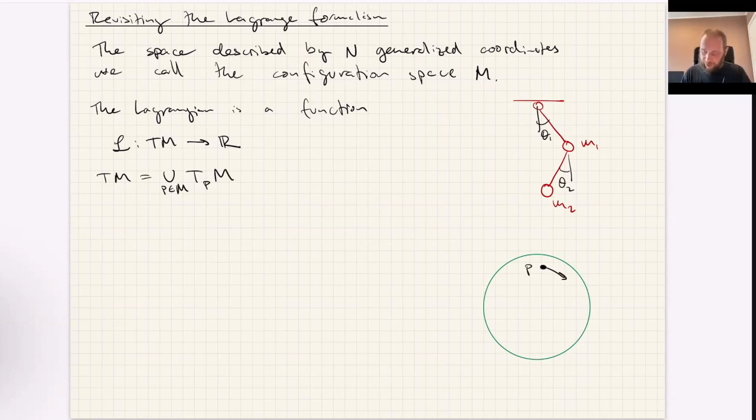But it could also be a vector at any other point, say Q. This is another element of TM. This TM is called the tangent bundle. So it's a vector along with its position.